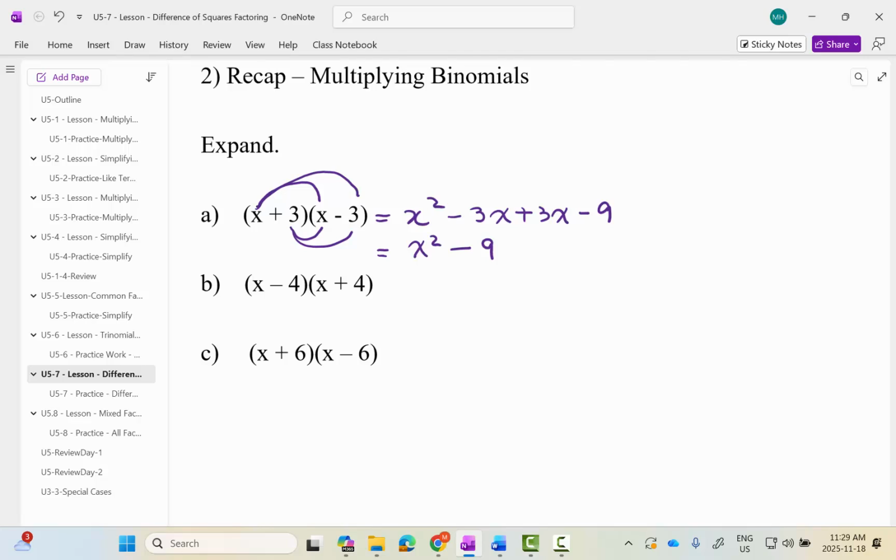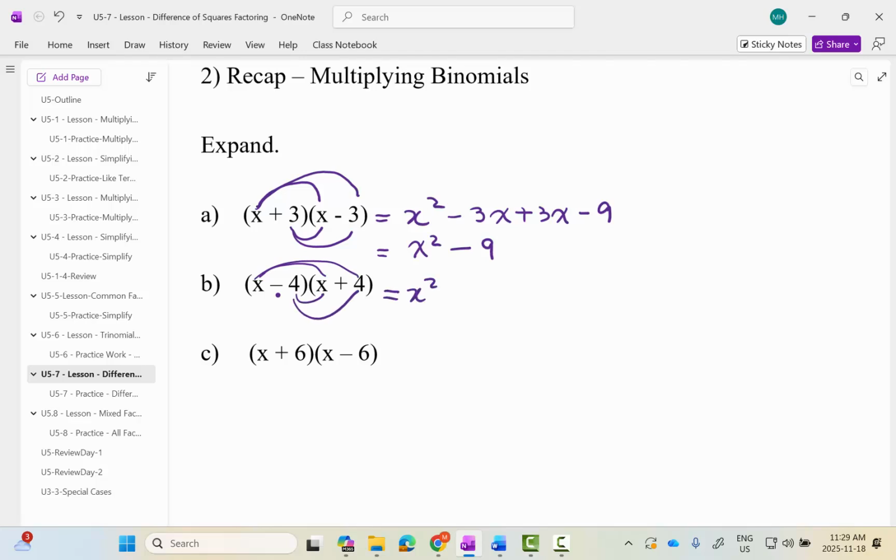Okay? And that's going to be basically the same for all of these, because notice that the brackets are pretty much the same, except one has what? Minus 4 and one has plus 4. Right? So it's going to be exactly the same thing here. X times x. You keep doing this, and what are you going to get?